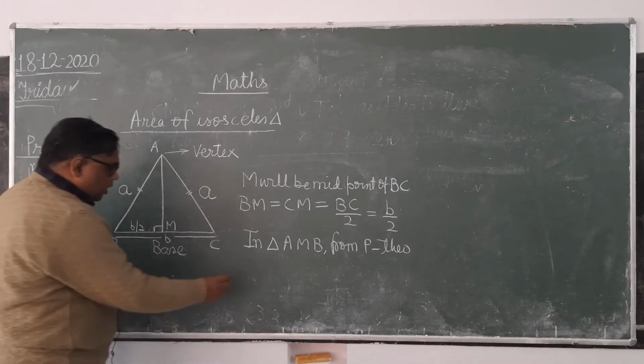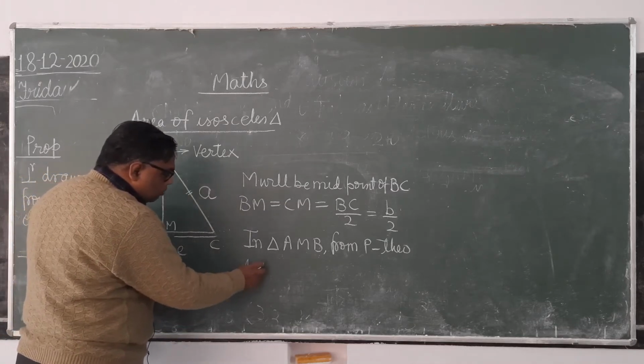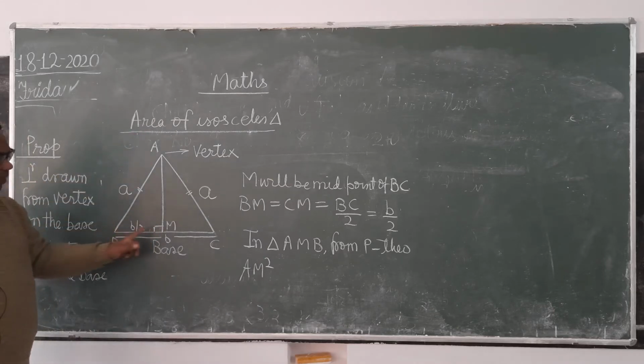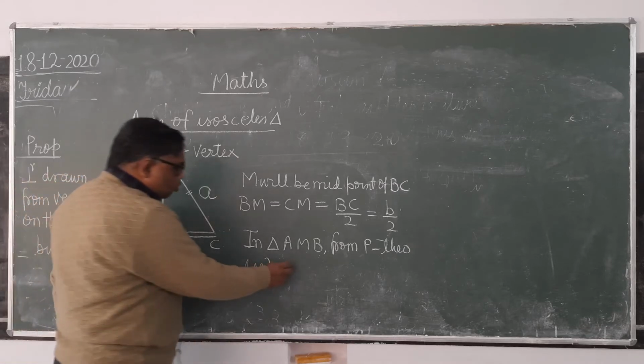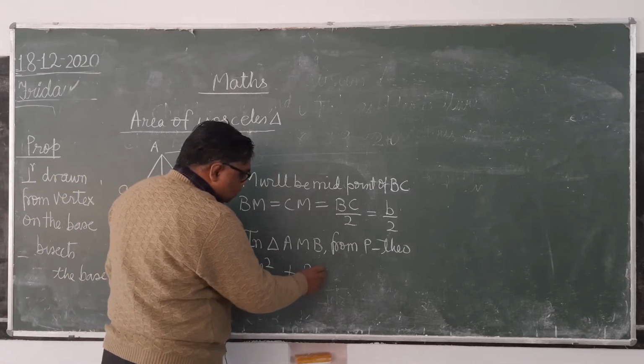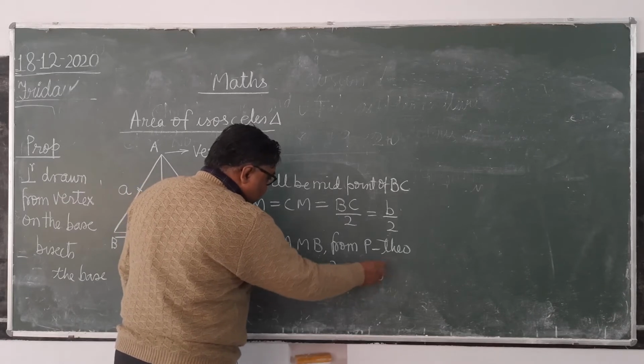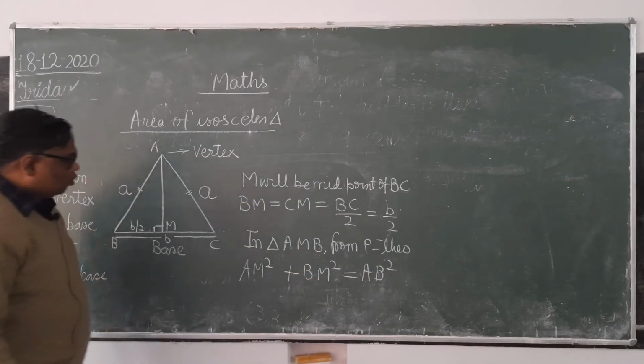So, when you apply Pythagoras theorem, AM square plus BM square equals AB square. Now substitute the value.